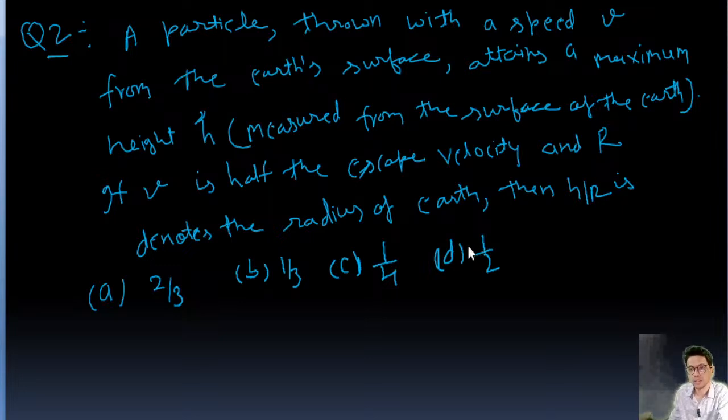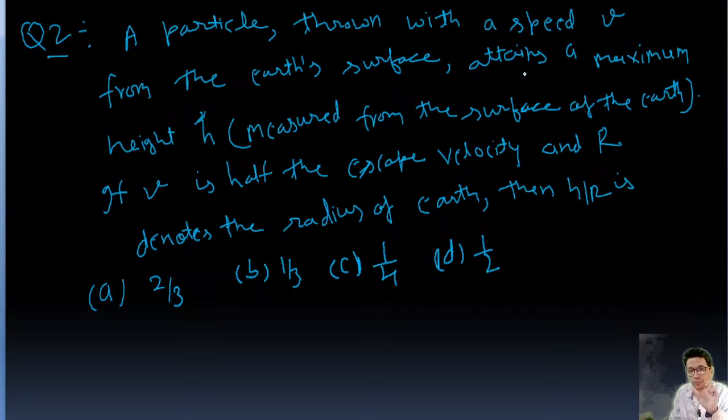Okay, so this is the question, guys. I'll read it. A particle thrown with a speed v from the earth surface. So we have thrown the particle from the earth surface, and it attains a maximum height h measured from the surface of the earth.